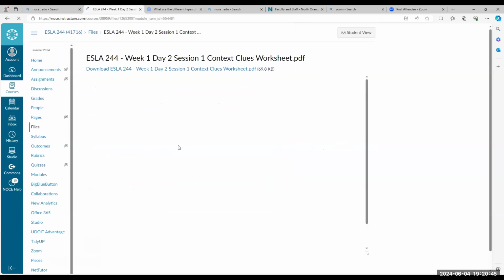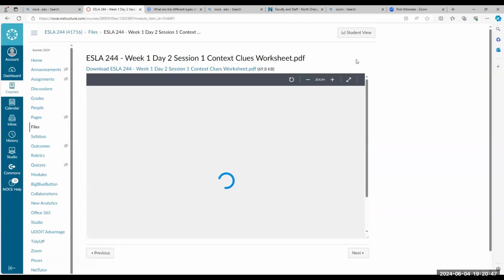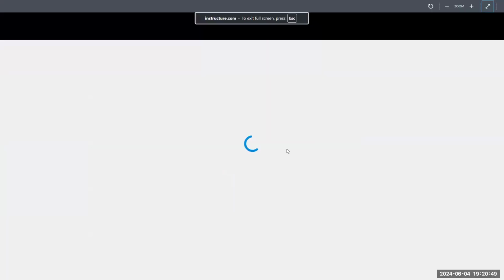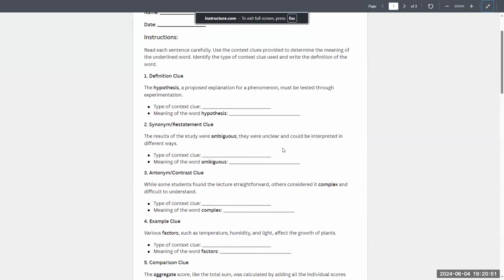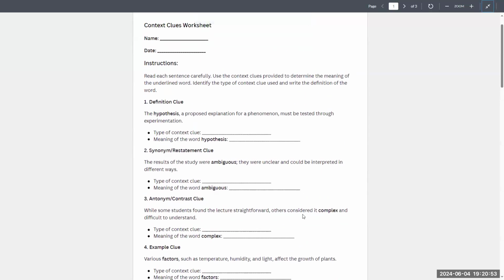So now what we're going to do is you are going to spend some time working through the worksheet. You can find this on Canvas, or you could also write it on a piece of paper. So you can write the answers on a piece of paper, okay?